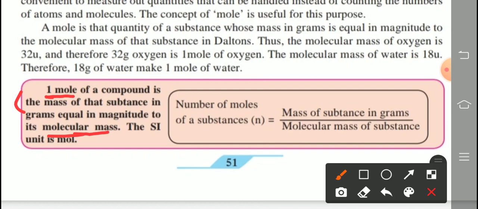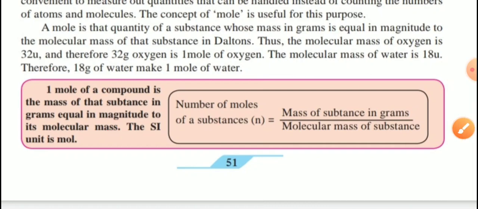So see there, the mass of the substance in gram equal in magnitude to its molecular mass is called as what? 1 mole of a compound. Simply, 1 mole of compound means the molecular mass of the substance expressed in gram, that is called 1 mole.